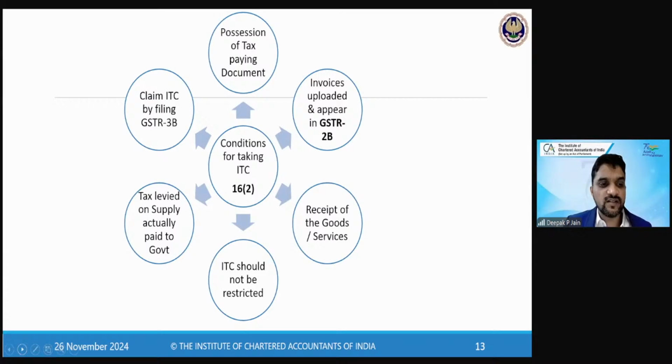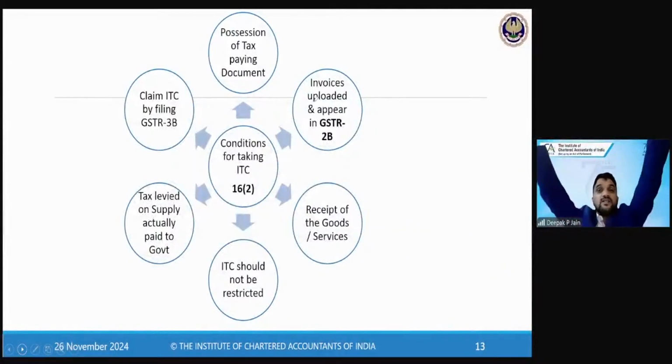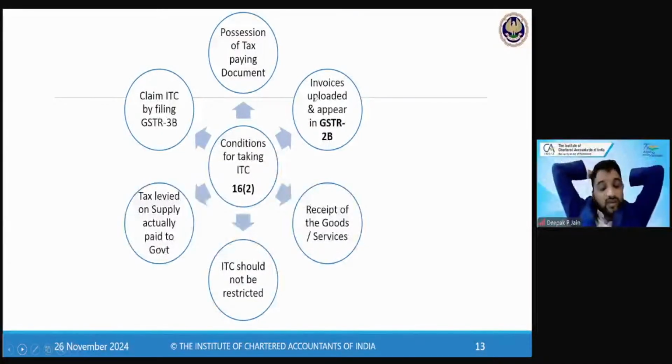What are those conditions? The first condition says that to claim any credit, you have to be in possession of the tax paying document. The tax paying document is also defined.